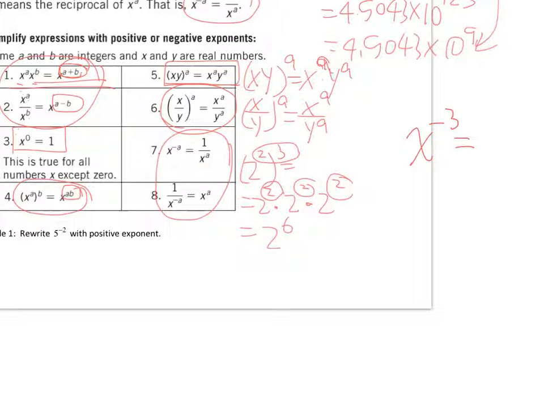It's going to be 1 over x to the third. At the moment, x to the negative 3 is really x to the negative 3 over 1. Between numerator and denominator, if you have a negative exponent, you just flip the whole term to the denominator. x to the negative 3 becomes 1 over x to the third.